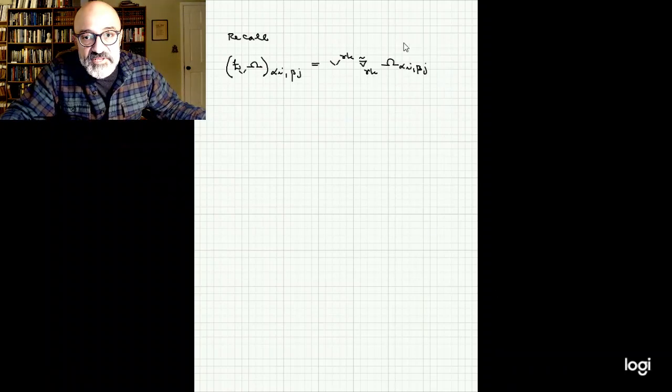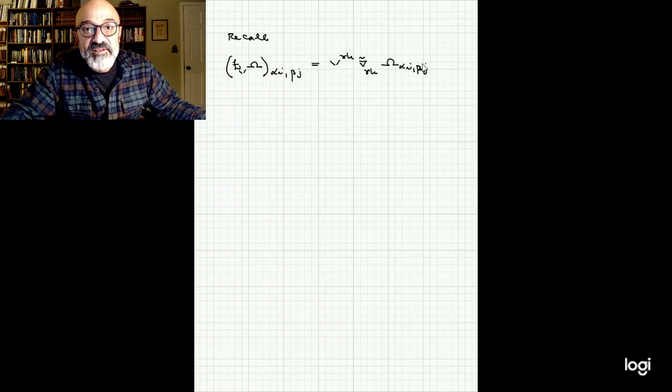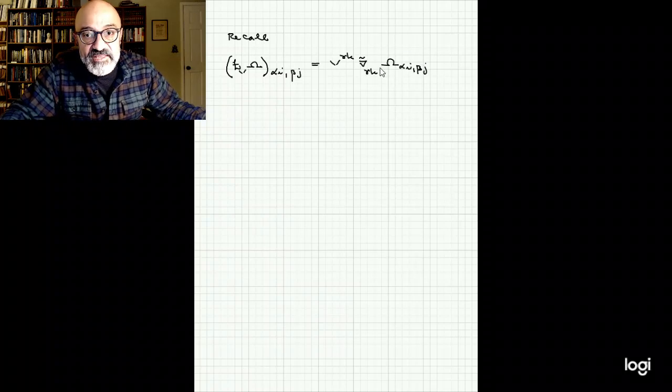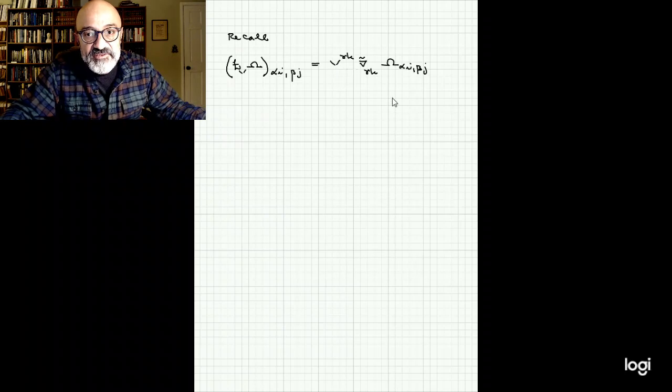What we're doing is we're taking the components of the symplectic form and we're taking the gradient, the derivative, in the direction of the vector field.